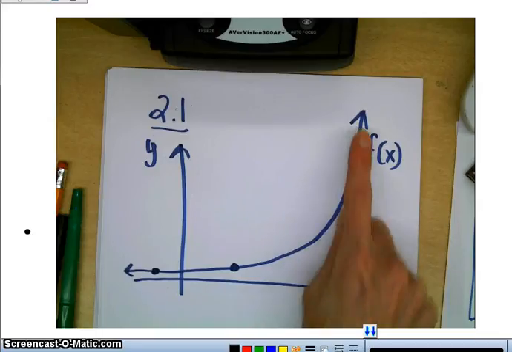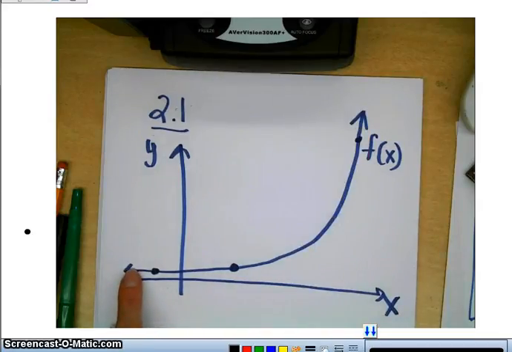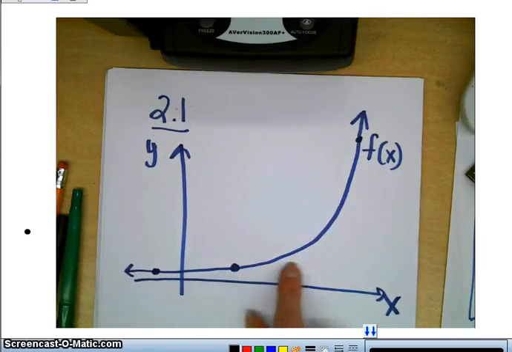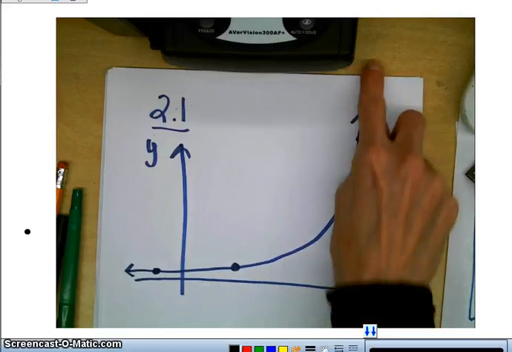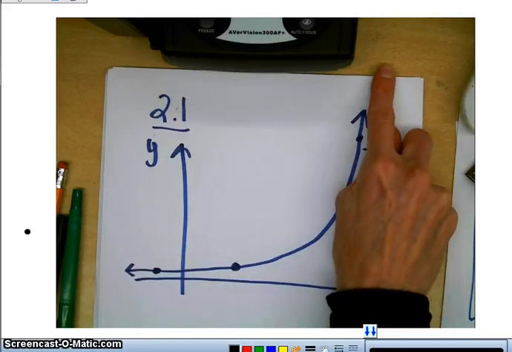What happens? Does it get harder or easier? Harder. Okay, so it starts out kind of easy, so a low number would represent the slope here, and then a little bit bigger number would represent the slope here, and what kind of number would represent that slope? A really big number, because it would be hard.